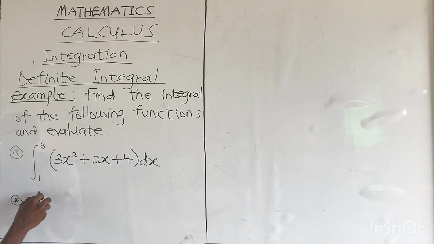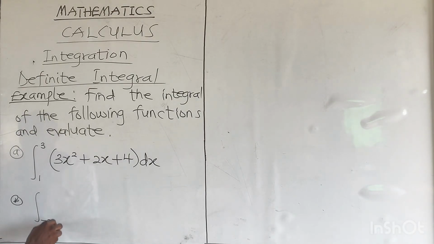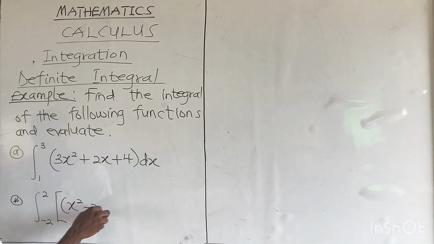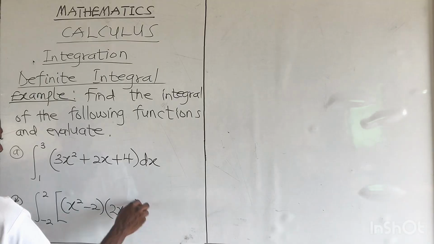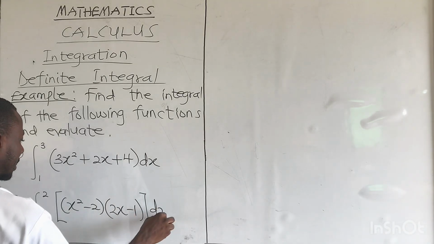B, the integral from -2 to +2 of (x squared minus 2) multiplied by (2x minus 1) dx.